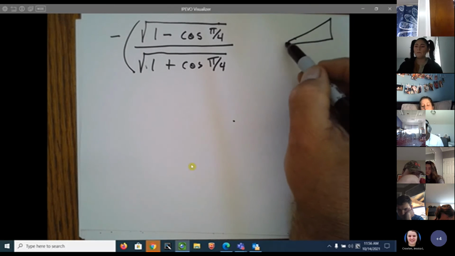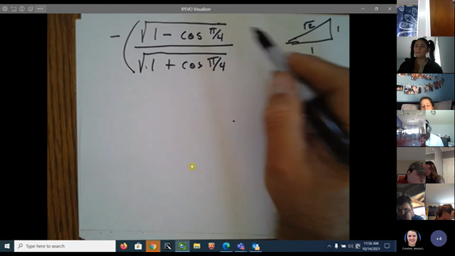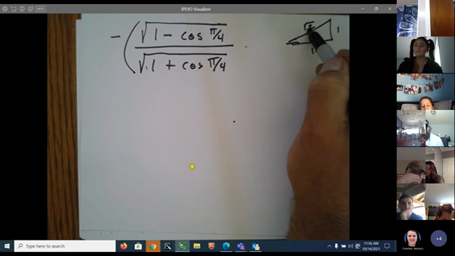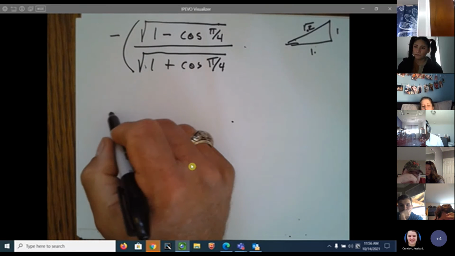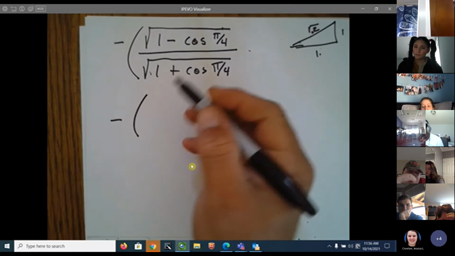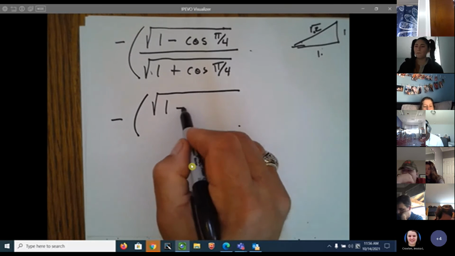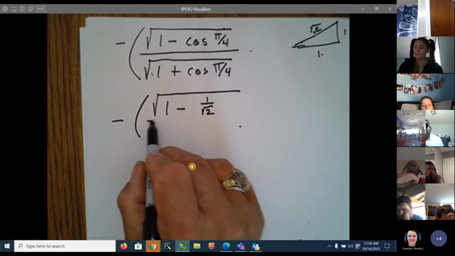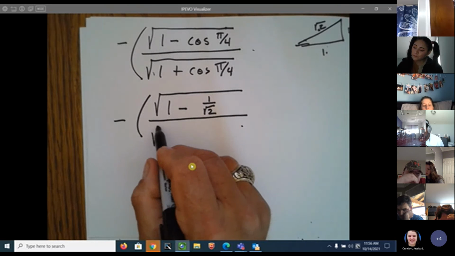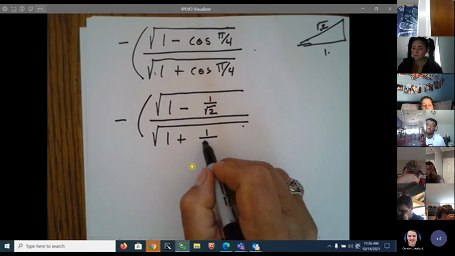That's 1 over square root of 2. I'm going to leave that. Okay, so that's going to be negative the square root of 1 minus 1 over the square root of 2 over the square root of 1 plus 1 over the square root of 2.